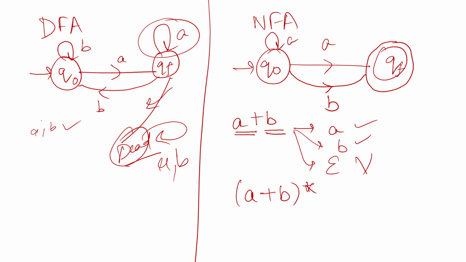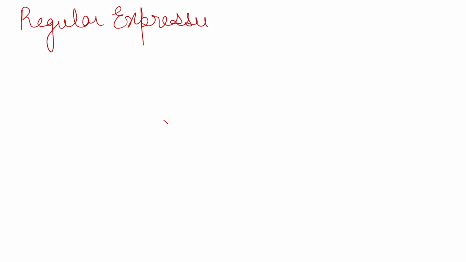So next. So now regular expression. Regular expression is a method to represent a set of strings or a language. Let's say, for example, I write A asterisk. We covered that right now.